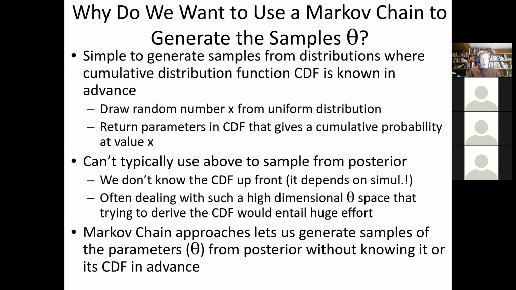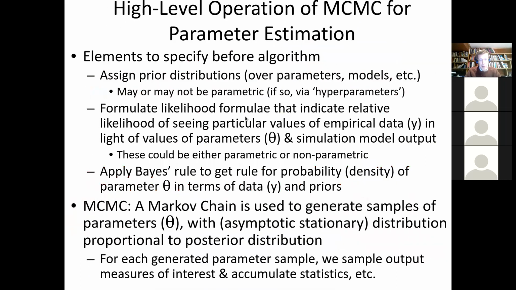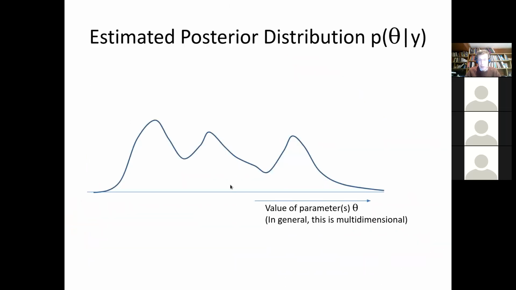We can't sample from it in that way. We have ways of sampling from a uniform distribution, but in general, arbitrary values, and when I say arbitrary, I mean it will be very different for the different models we're working with, different values of the posterior distribution for different parameters, we don't have a way of formulating the cumulative distribution function and drawing from that.